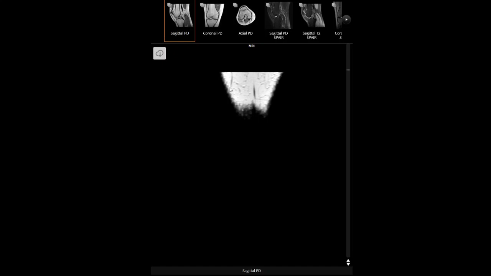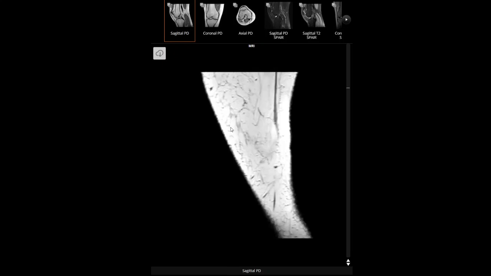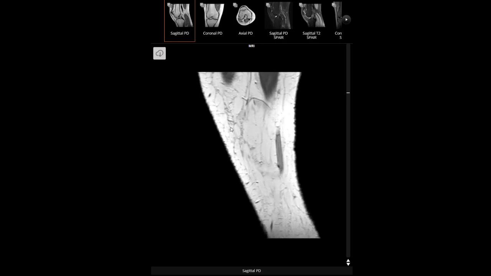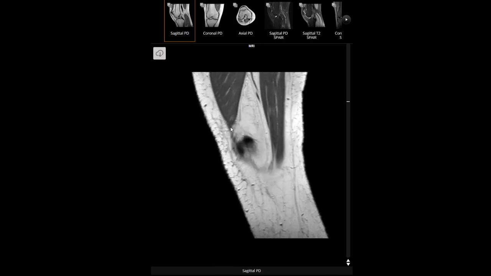So if I am moving from, let me see, I think medial to the lateral side. Now if I move the plane of section from medial to lateral side, we will slightly start seeing the various muscles. This should be the vastus medialis. This should be the medial muscles of the back of thigh.